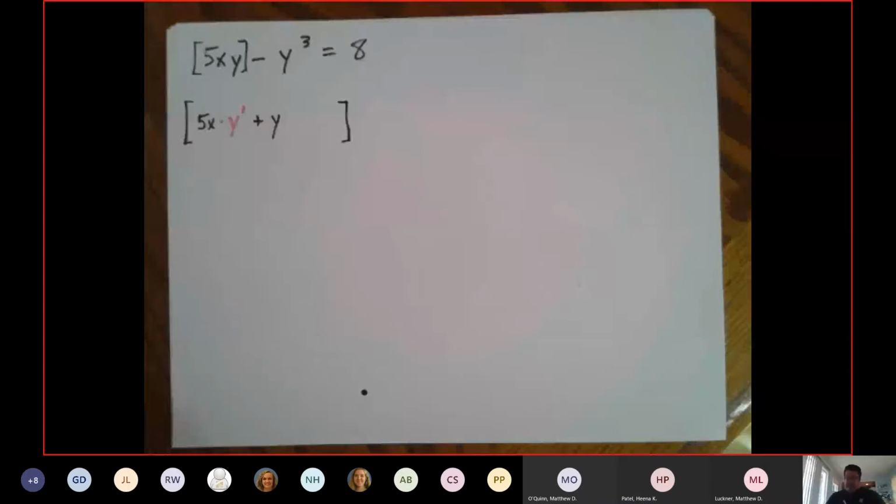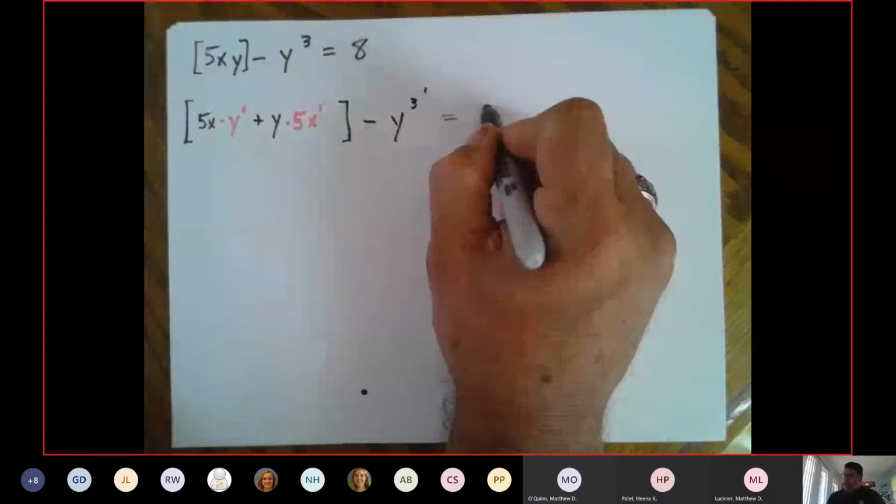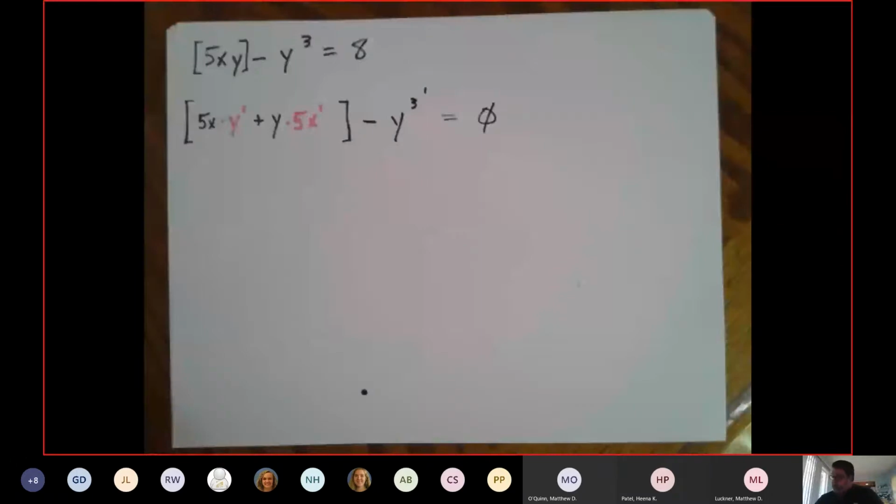And we'll do that on the next step. Minus y to the third prime equals 8, 0. Go ahead and take the derivative of that 8. Okay, I'll go ahead and write this as y to the third prime.